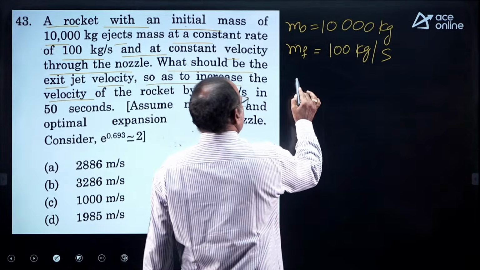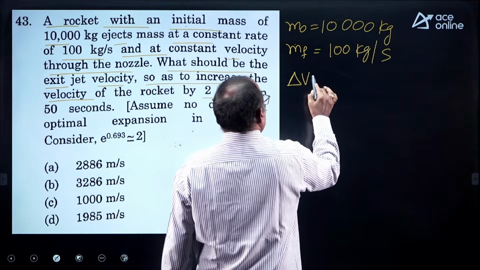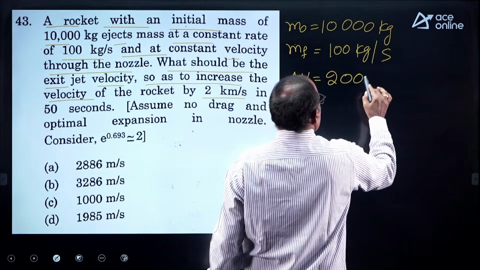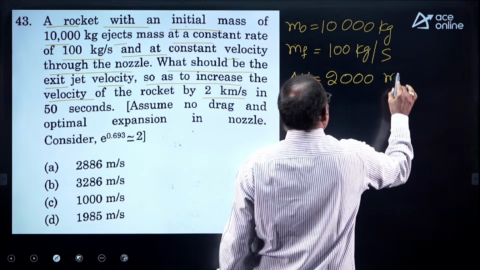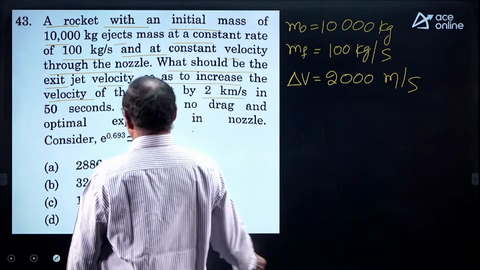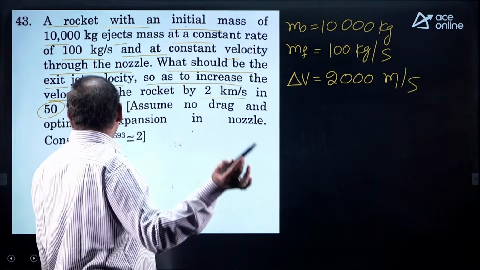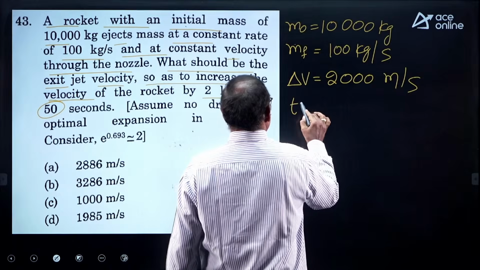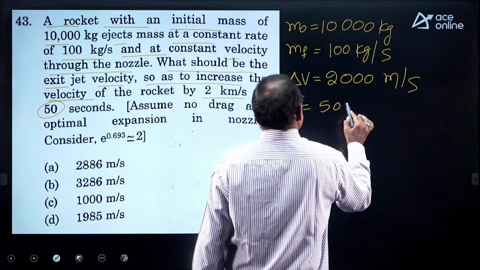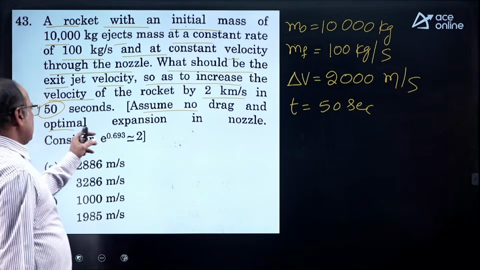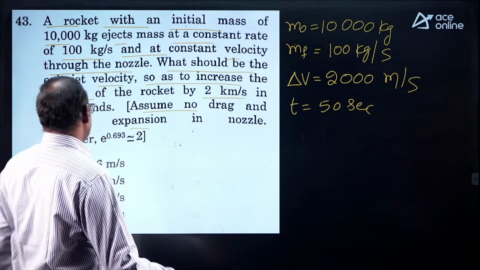The increase in velocity of the rocket, delta V, 2 kilometer per second, I can write as 2000 meter per second, and the time taken for gaining that change in velocity, time required, is 50 seconds. Assume no drag and optimal expansion in the nozzle.